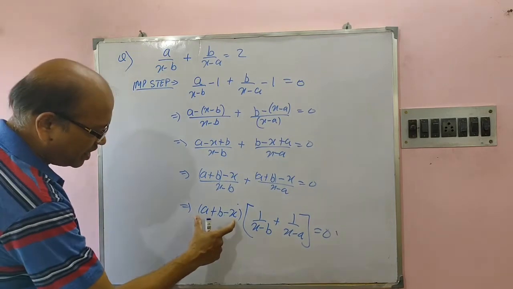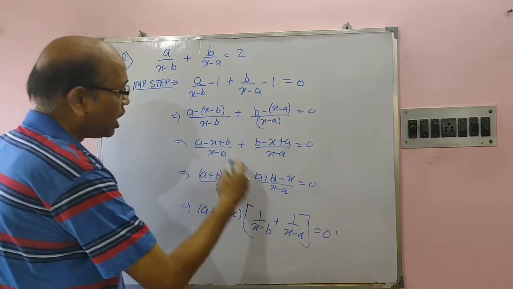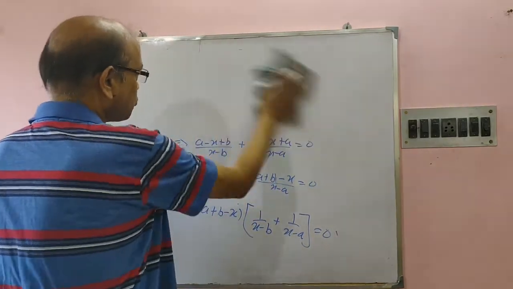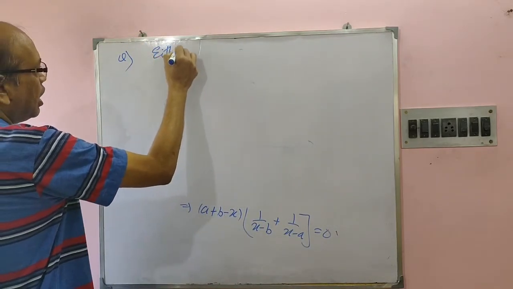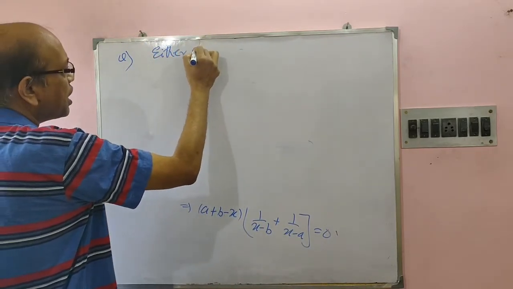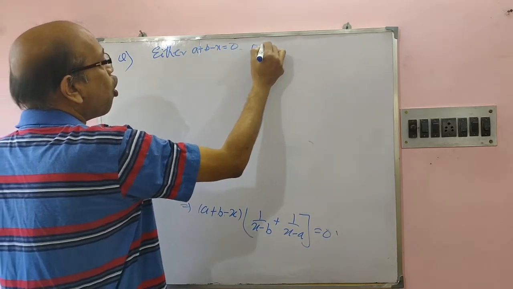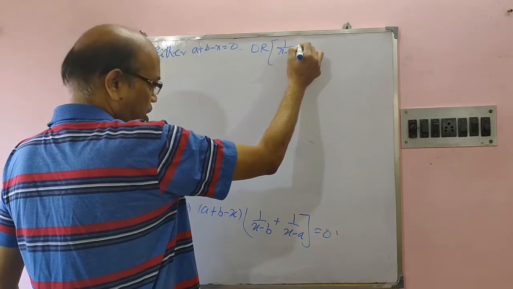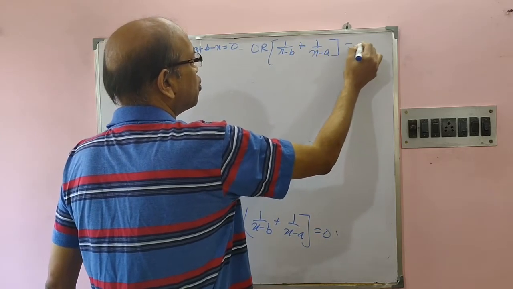Then either this term is 0 or this term is 0. Then either a plus b minus x equals 0 or 1 by x minus b plus 1 by x minus a is equal to 0.